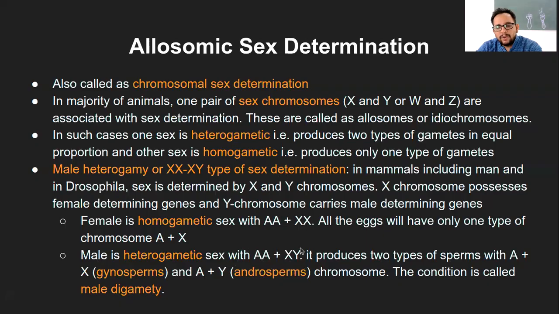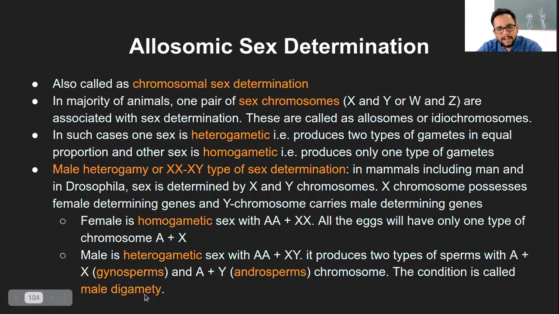That is what gives rise to the heterogametic sperms. So it produces two types of sperms. The autosomes with X are called gynosperms, and the autosomes with Y, that is 22 sets of autosomes plus Y, are called androsperms, and the condition is called male digamety.